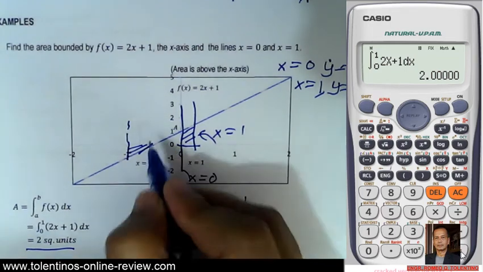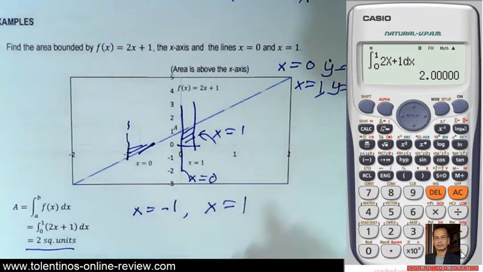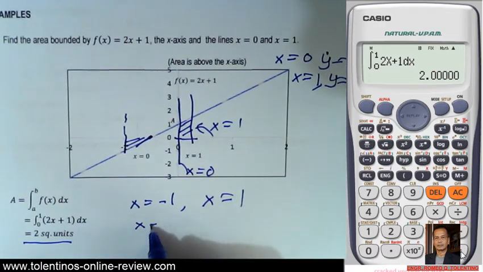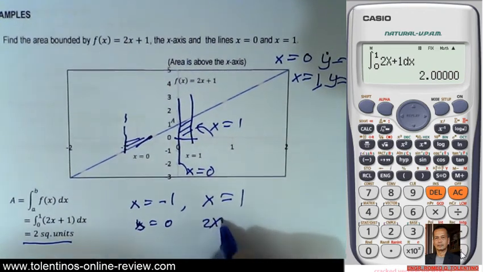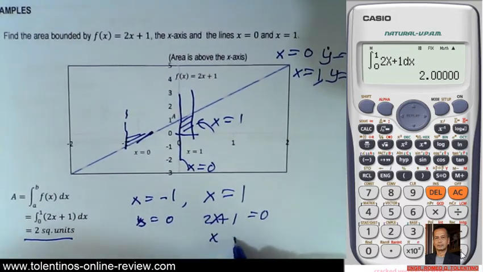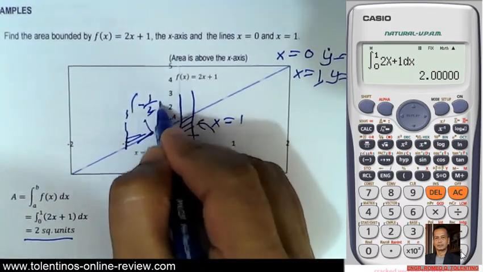So you first need to know where the line intersects the x-axis. You set y is 0, then 2x plus 1 is equal to 0, then x becomes what? Negative 1/2.